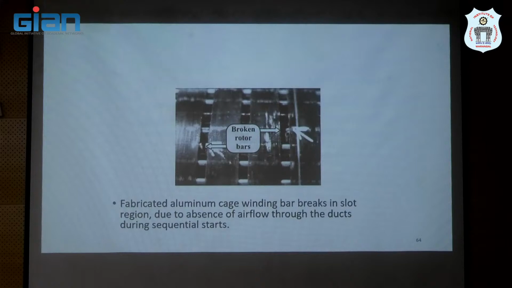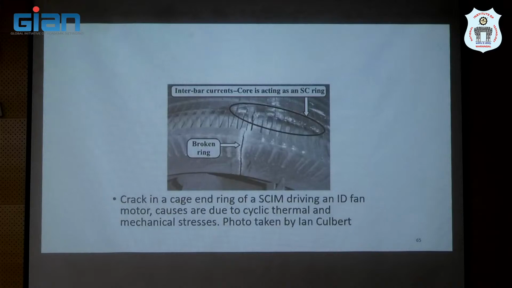Broken rotor bars: absence of airflow through the ducts during sequential starts. You can see a crack in the cage end ring.